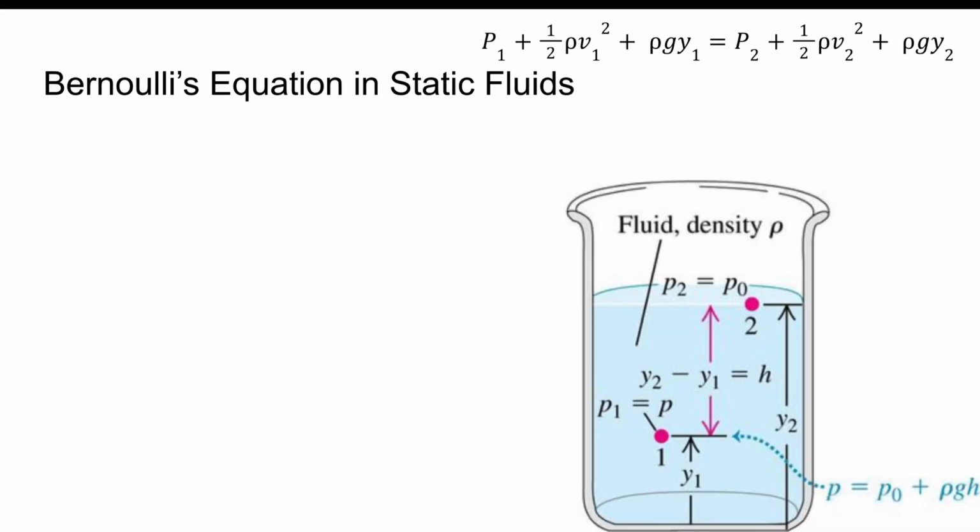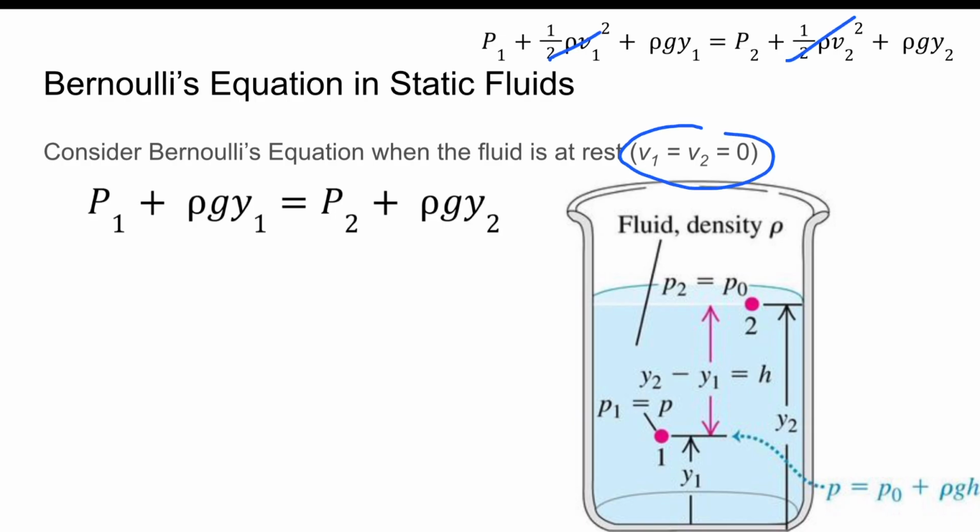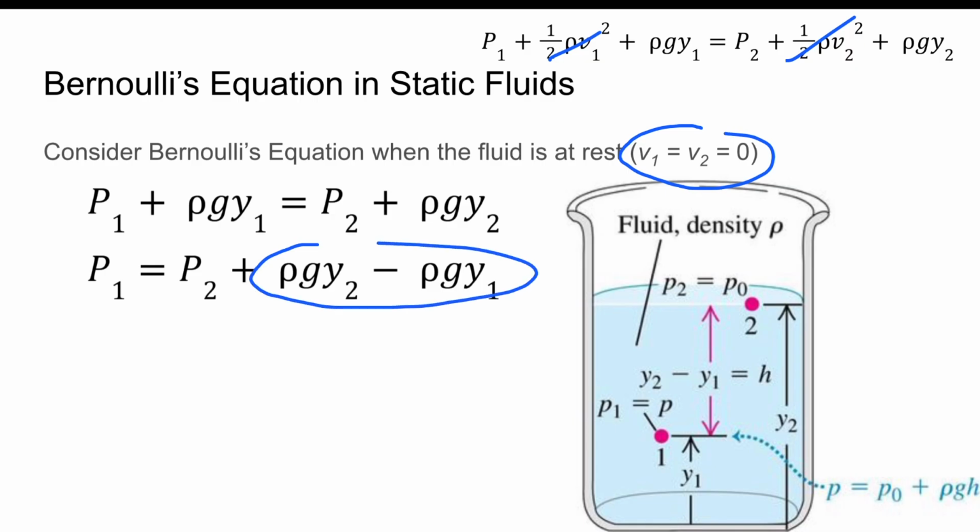So let's take a brief look at how this would work for a static fluid, or a fluid that isn't moving. If we take Bernoulli's equation, we know the fluid's at rest, so all of our velocities will be zero and those terms go away, and we can rewrite it like this: P1 plus rho g y1 equals P2 plus rho g y2. If we put all those height terms over on the right side, we'll have y2 minus y1 times the density times g, and y2 minus y1 is just the total height of that fluid.